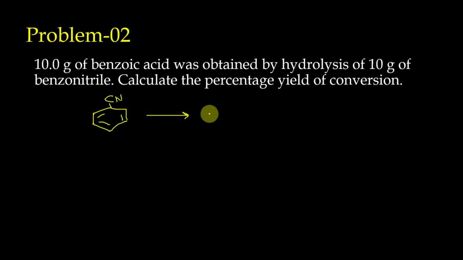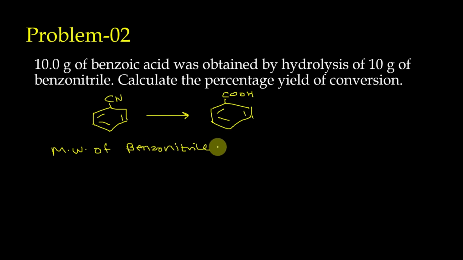Benzonitrile, on hydrolysis, will generate benzoic acid. Right. So we need the molecular weight of the starting material benzonitrile, which is equal to 103.